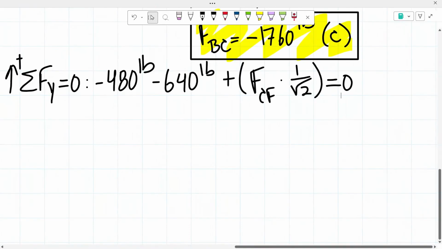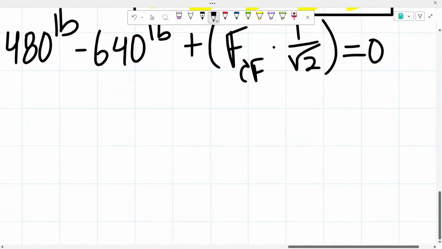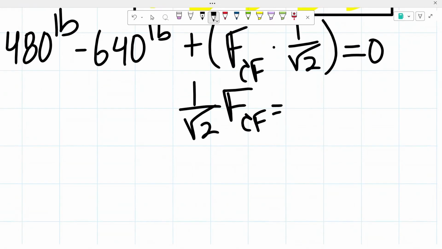So if we were to do that, we would end up getting that 1 over the square root of 2 times the force of the bar CF has to equal 1,120 pounds.